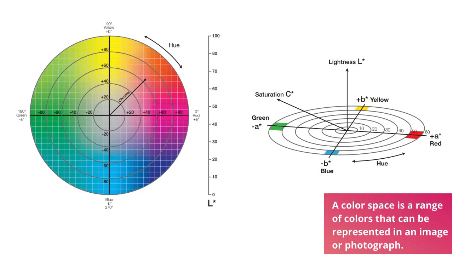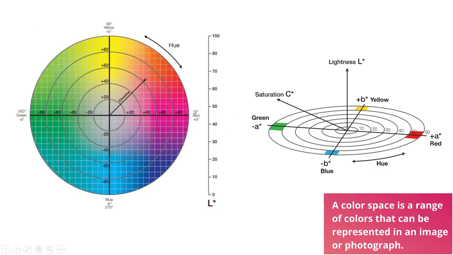If you see here, this is a three-dimensional representation of L star, a star, b star, this right side one, and this left side one is the HSI that I have discussed, right? Hue, saturation, and intensity. If you see here, this is nothing but a circle, right? This perimeter, this is 0 degree, okay?